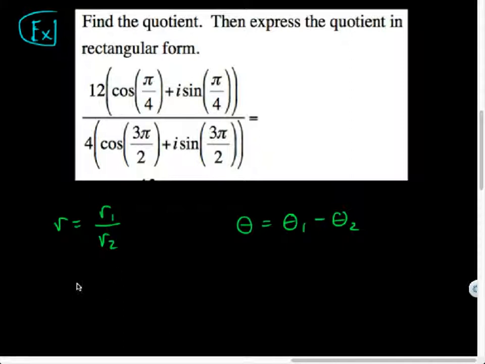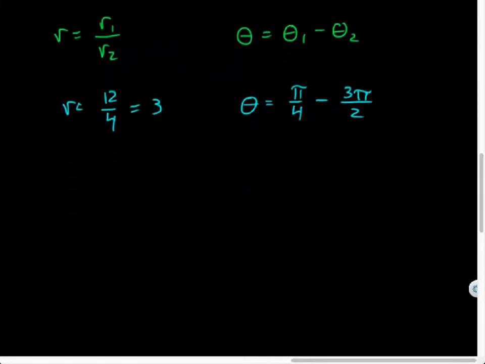So let's do this. So R is equal to 12 divided by 4, which is 3. Theta is going to equal pi over 4 minus 3 pi over 2. And in order to calculate that, I'm going to need a common denominator. So I'll multiply this one by 2 over 2, giving me, right, the 4 and the 4, which is what I need.